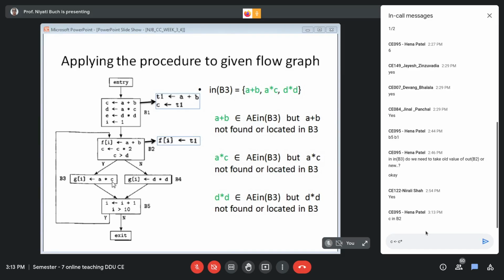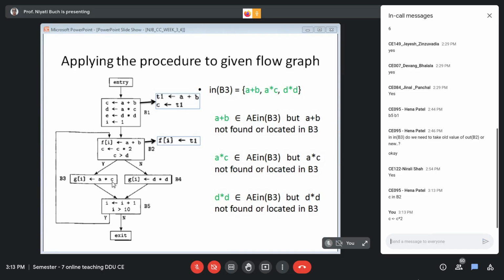Yes, C is getting changed in B2. Very correct. If an operand is getting changed, then we don't have to do anything about it. So it is found in B3, but because one of the operands is getting changed, we will not consider it a global common subexpression. If it is not a common expression, then there is no step for eliminating it. I will add this into the slide when I share it with you. So it is clear.